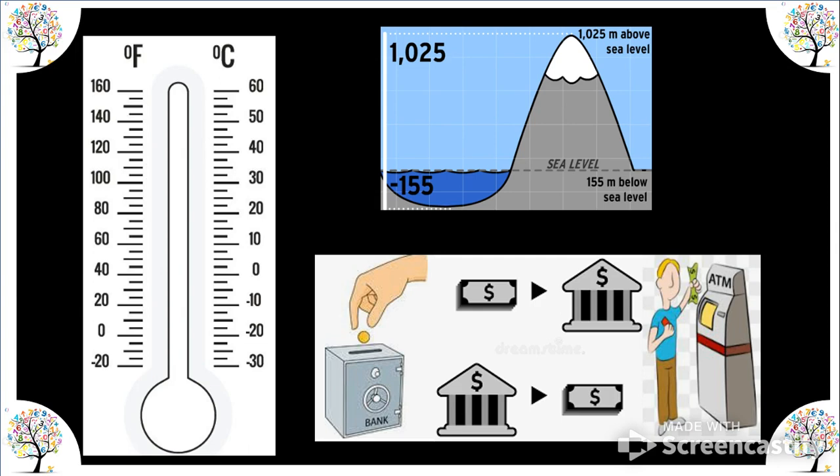Okay, let's take a look at some real-life examples of the use of integers. If we have a thermometer, above 0 we have our positive integers, and below 0 are the negative integers.